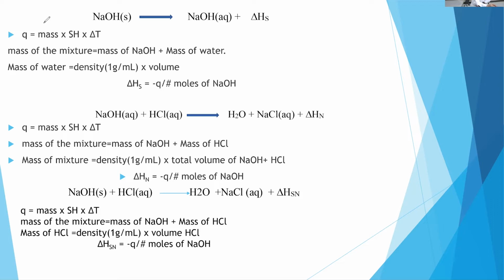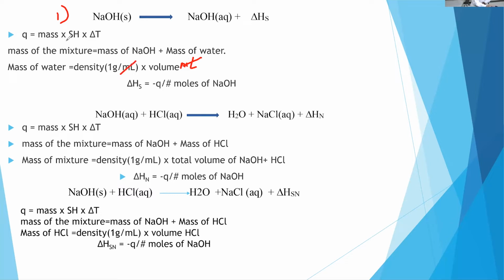For part one, you calculate the Q, and delta T and SH is clear. For the mass, you would get the mass of water, density times volume. For the water, because the volume is in milliliter and the density is in gram per milliliter, milliliter would cancel.